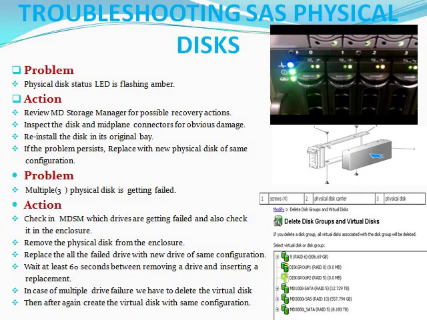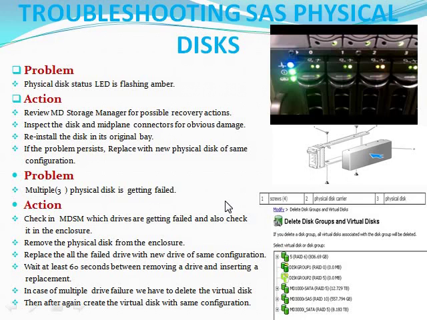If multiple disks fail, then what will we do? If the disks are in a RAID 5 configuration and multiple disks are failing, check the MDSM to see which drive is failing, and also check the enclosure. Remove the physical disk from the enclosure.